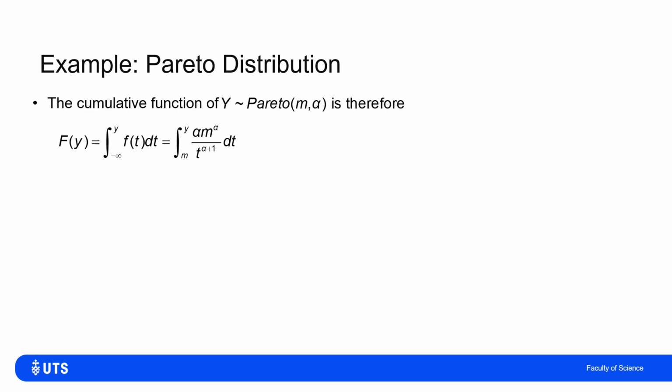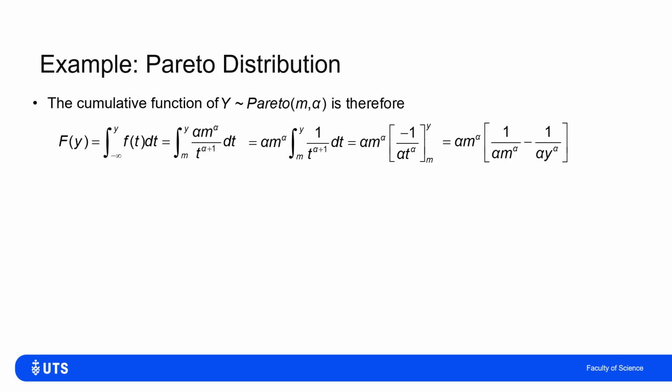I'll work out the cumulative function by just integrating the density function between the smallest possible value, m, and the point I'm interested in, y. Now this is an integral with respect to the dummy variable t. So alpha m to the alpha is a constant, so I may as well pull that out the front of the integral. Now when I integrate the 1 over t to the alpha plus 1 with respect to t, put through the limits, tidy this up a little bit, what I will get to is 1 minus m to the alpha over y to the alpha.